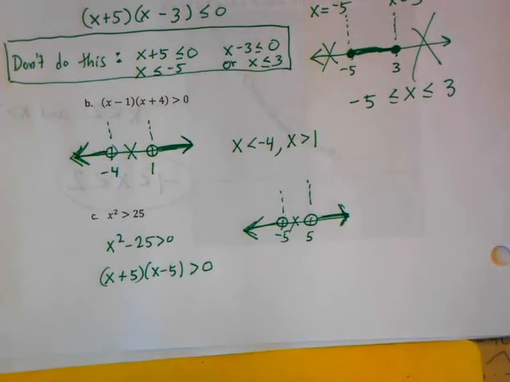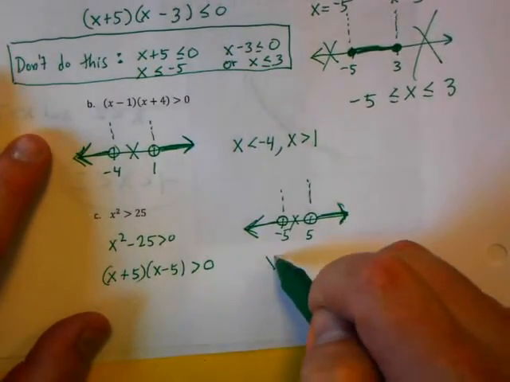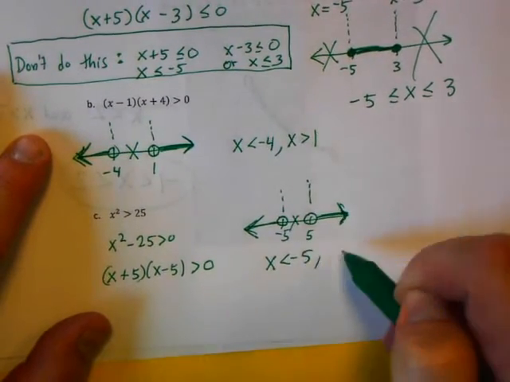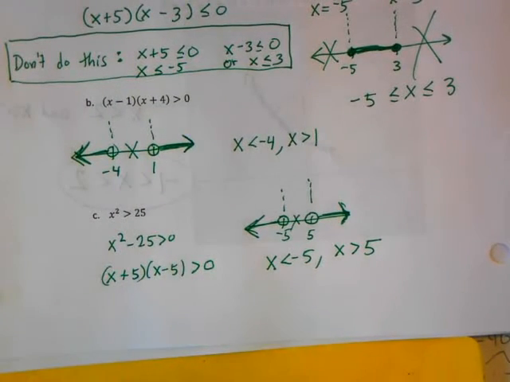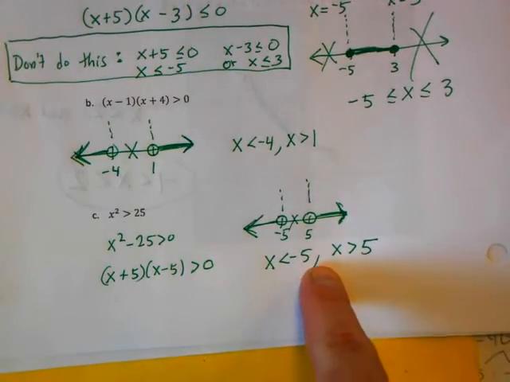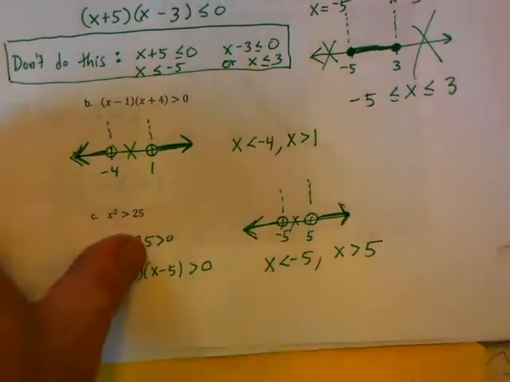All you really need to know is your signs. Again, I have two separate little regions, so I have to write two separate answers. X less than negative 5, x bigger than 5. Questions on that one? Same as writing or. Yes, you could put the word or in between. I typically just put a comma.